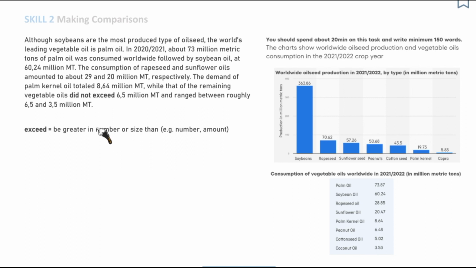And by using the word exceed, I am kind of grouping these three oils, and I'm saying that the consumption was not greater than 6.5, than the highest figure here. So this is yet another nice way to talk about numbers or figures if you want to show that you know many synonyms.